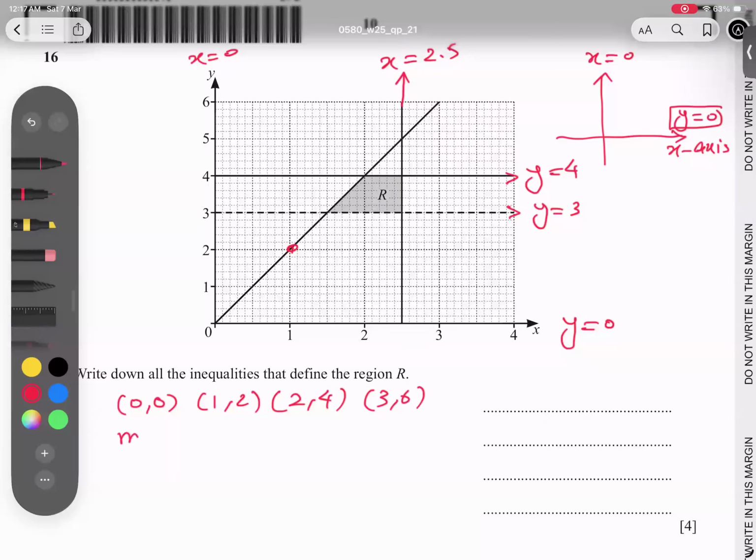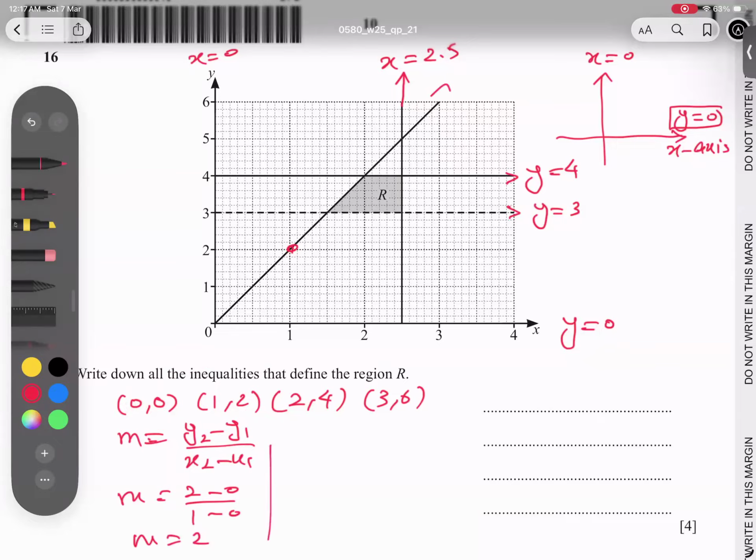And what is the formula? Gradient is y2 minus y1 over x2 minus x1. Using these 2 points, I get gradient equal to 2 minus 0 over 1 minus 0, so I got a gradient of 2.